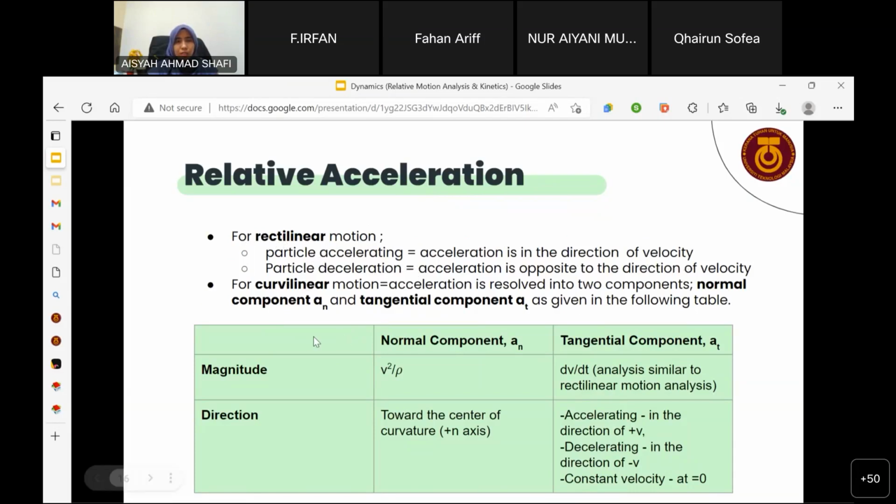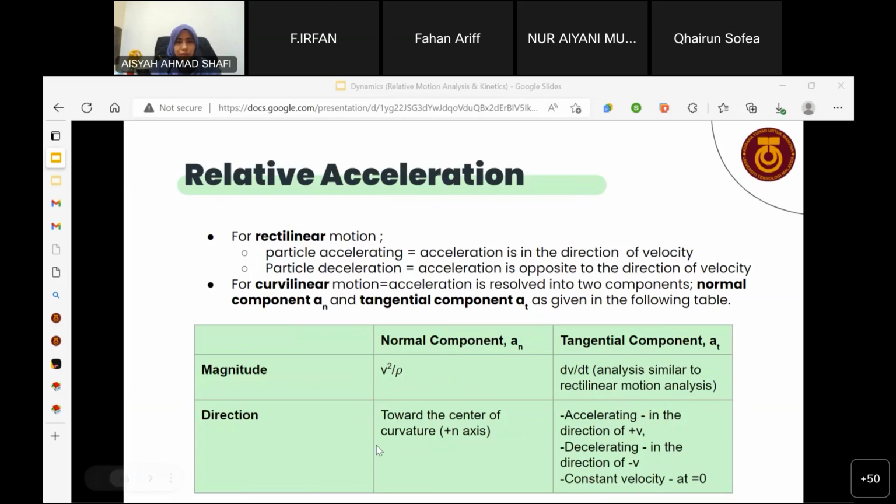But if it is decelerating, the acceleration is opposite to the direction of the velocity. And for curvilinear, acceleration is resolved into two components, normal and tangential, the same as the curvilinear normal-tangent coordinate. So for the AN, it is V squared over rho, and for the AT, it is dV/dt.